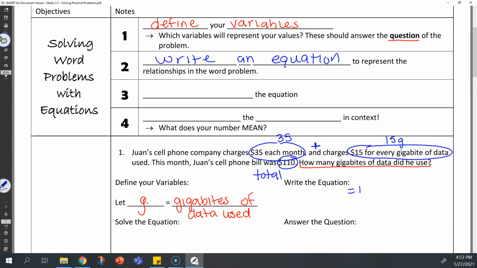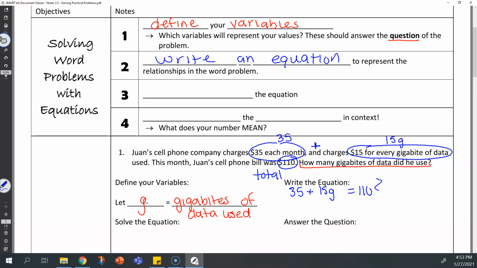So I'm going to do equals 110 right off the bat. My total goes alone. Then I can fill in the rest of this: the $35 that he has to pay no matter what, plus the $15 times however many gigabytes he used. Now that I've arranged that, I've got an equation that I can solve to help me answer my problem.